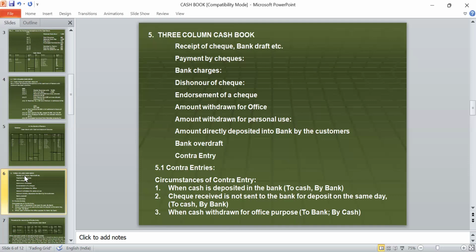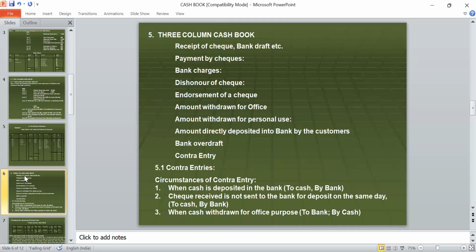And it helps to record a large number of cash and bank transactions of different nature, as well as it is also useful to record contra entries, one of the most important items. In a triple column cash book, the most important aspect is it is also useful to record contra entry. So what do you mean by contra entry, and how to enter contra entry transactions?